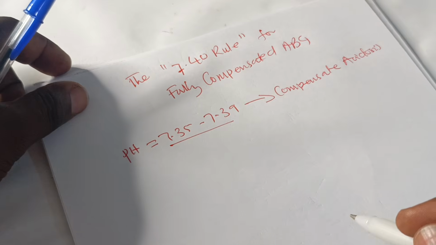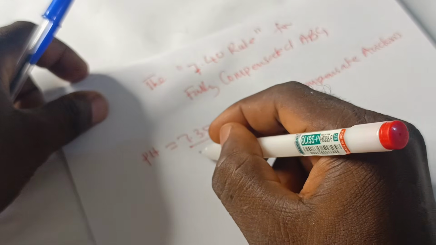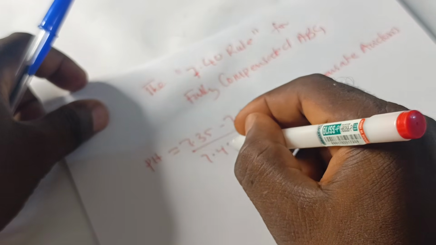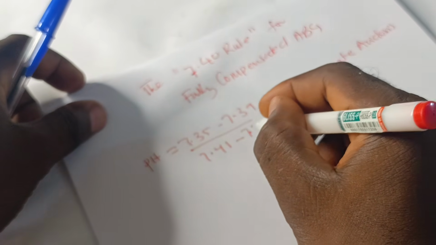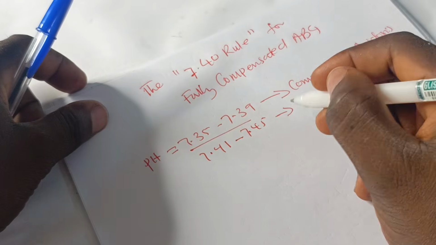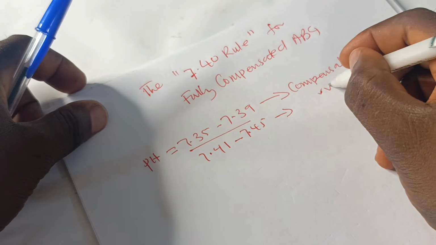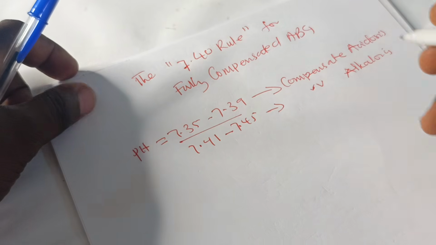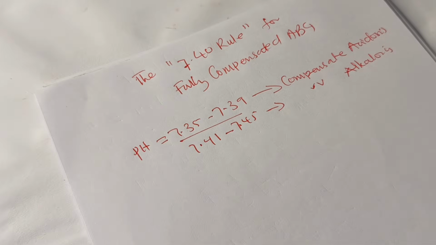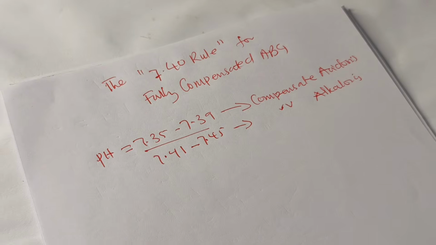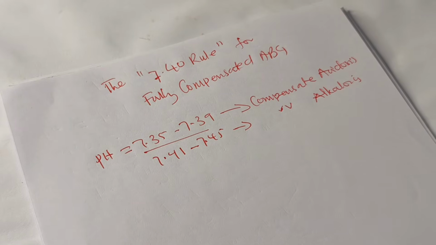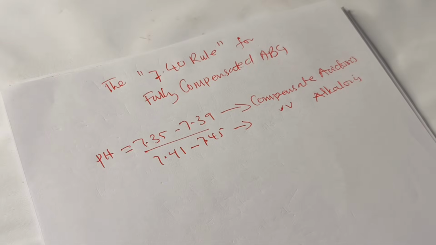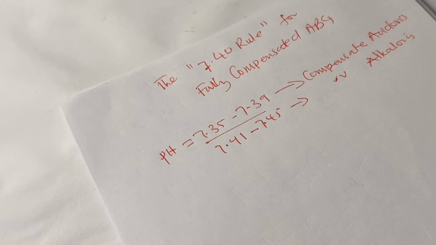But if the pH is 7.41 to 7.45, then it is a compensated alkalosis, in which case you must look for which of the components, bicarbonate or carbon dioxide, agrees with that pH, as the original cause of the problem.